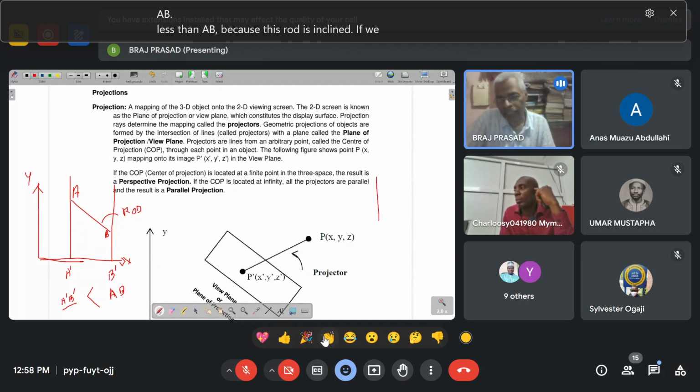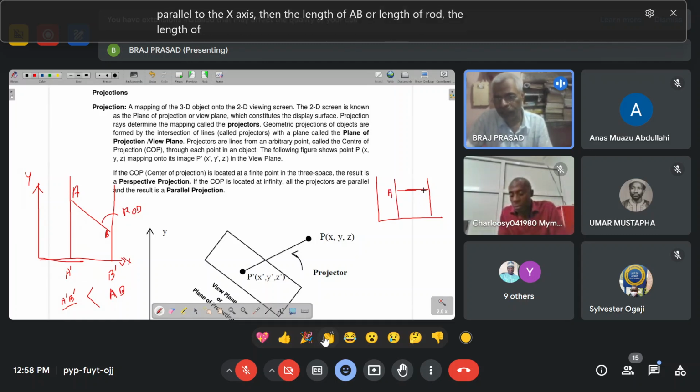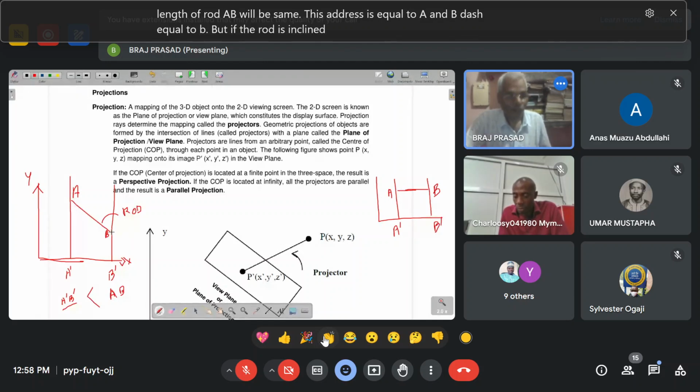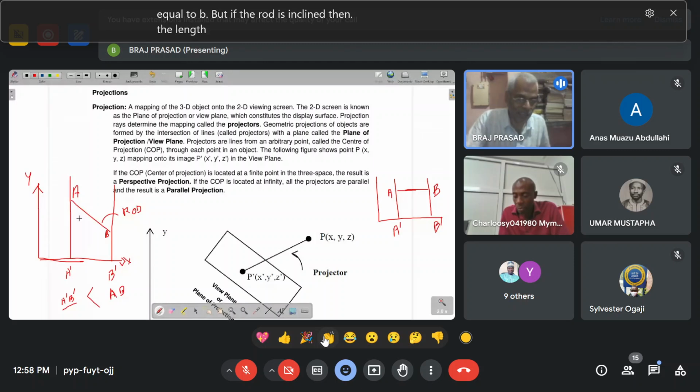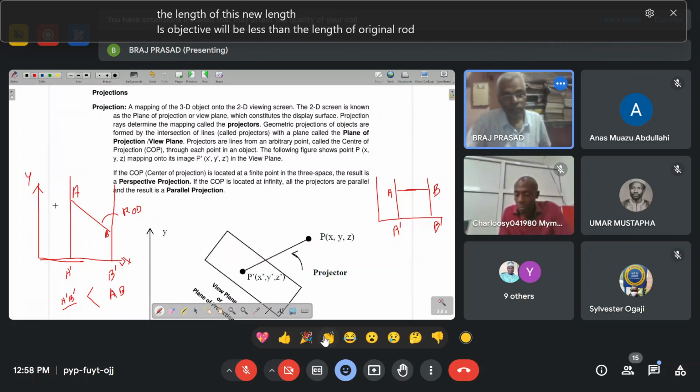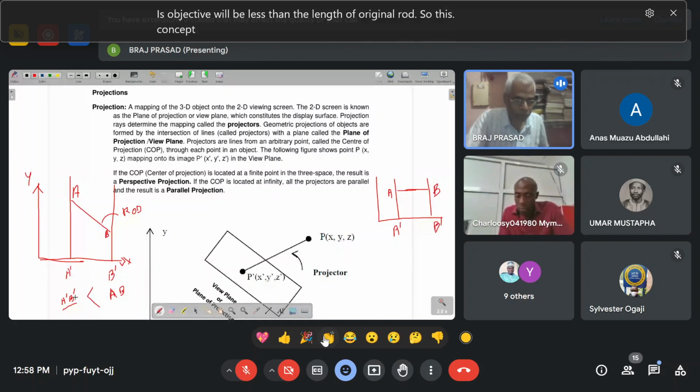If the rod is horizontal, parallel to the x-axis, then the length of rod AB will be the same. A dash equals A and B dash equals B. But if the rod is inclined, then the length of this object will be less than the length of the original rod. This concept is called projection.